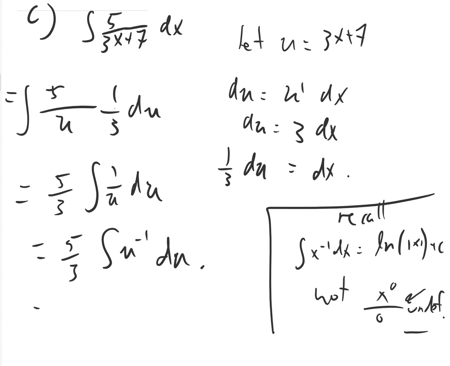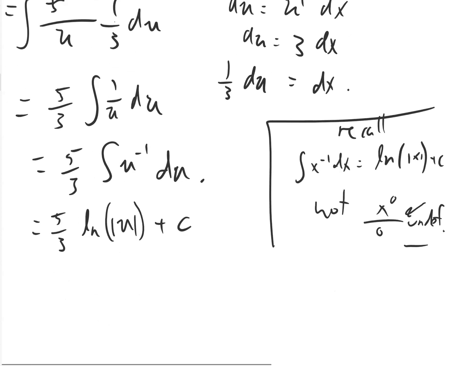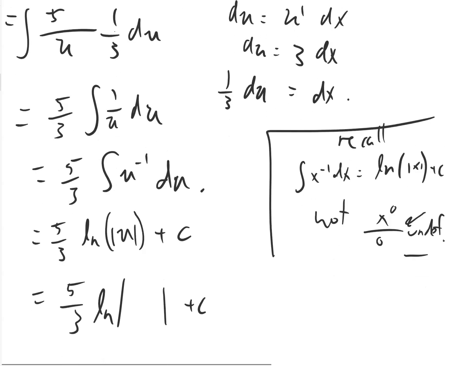Okay, so this integral is 5 over 3 natural log of the absolute value of u plus c. And the final step is to substitute back in the original function, which was 3x plus 7.